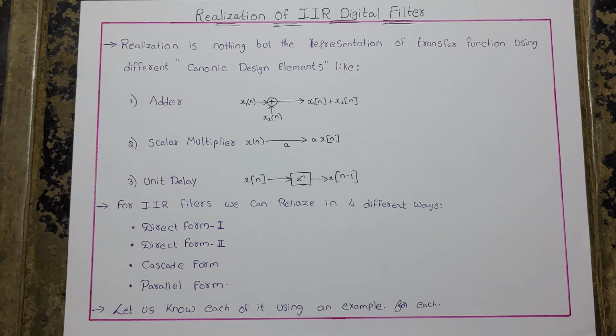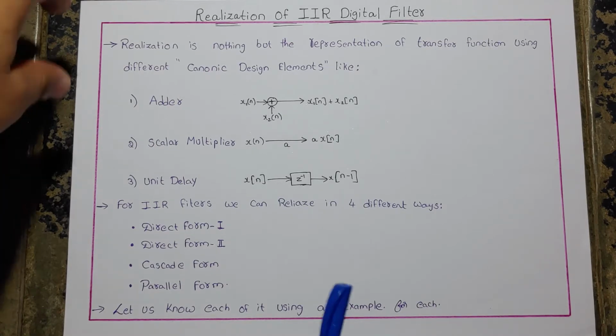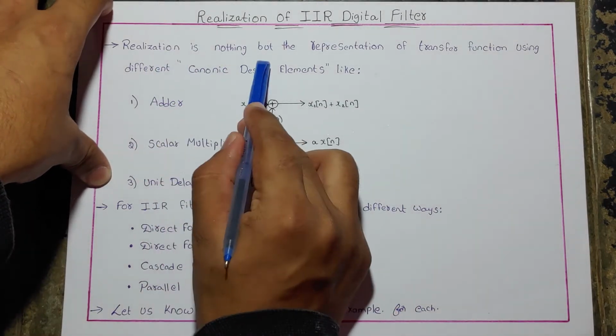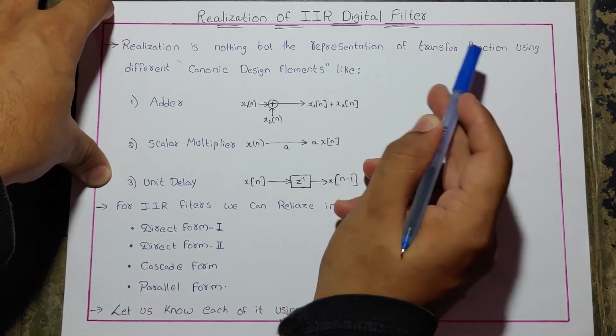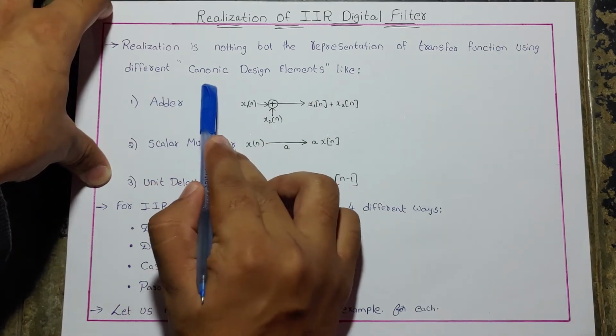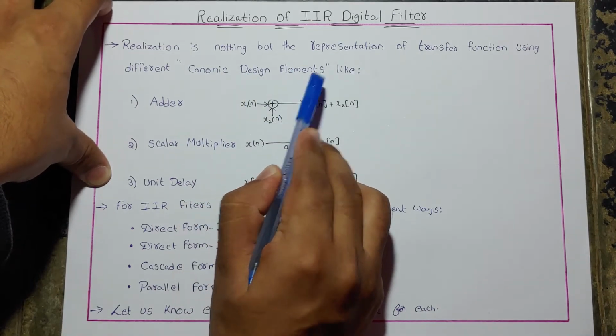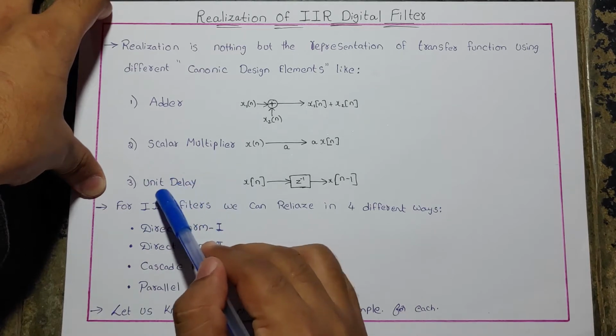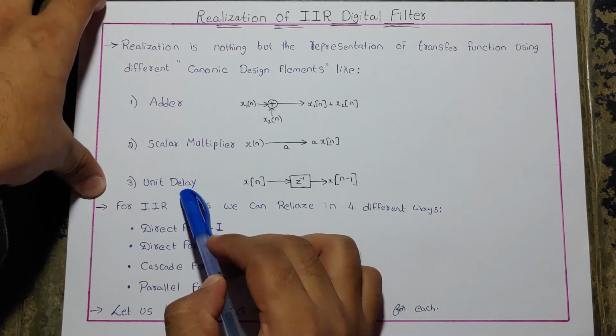Today we are going to learn about realization of IIR digital filters. Let us know what is meant by realization. Realization is nothing but the representation of transfer function or system function using different canonic design elements like adder, scalar multiplier, unit delay.